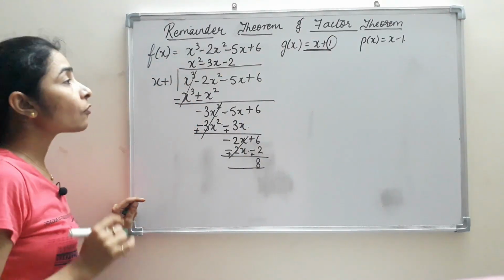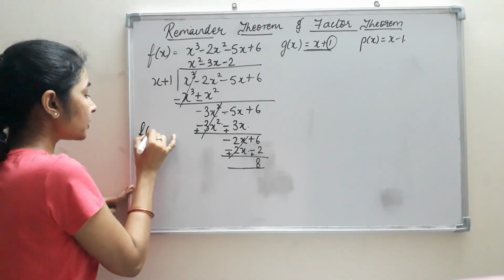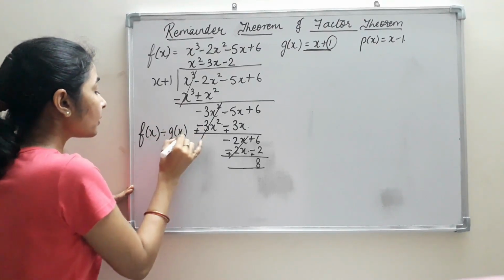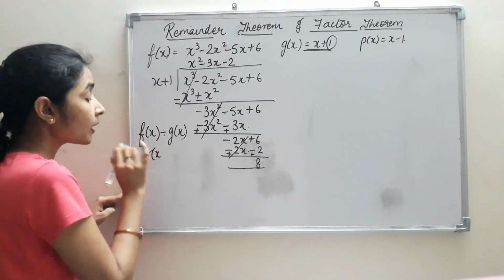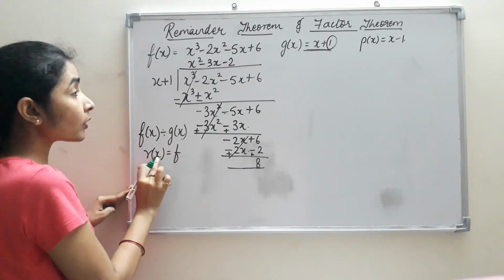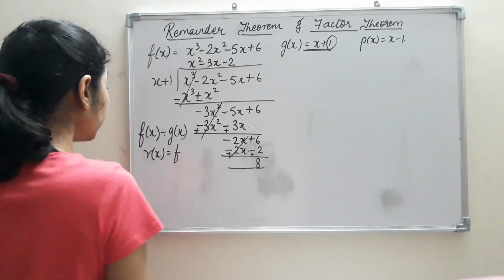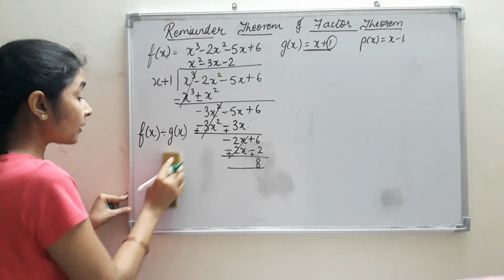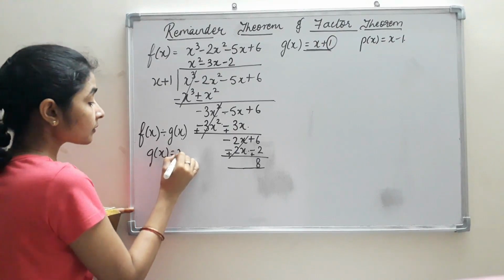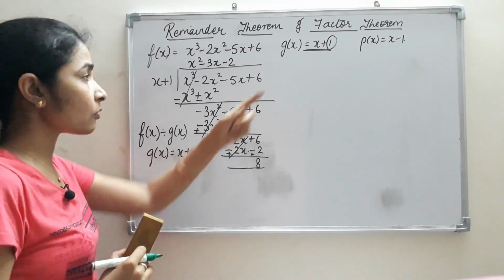So here what I mean to say is, when f(x) is divided by g(x), then the remainder will always be equal to f of whatever is the value. Now here it should be made clear, let me write that, what is the value of g(x), and g(x) is equal to x plus a. I'll just take this variable in place of that constant.